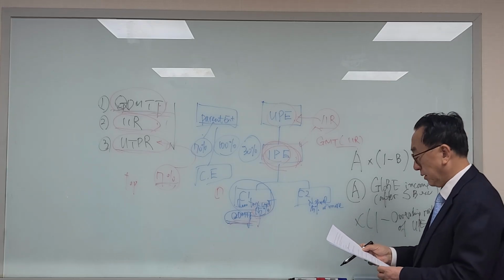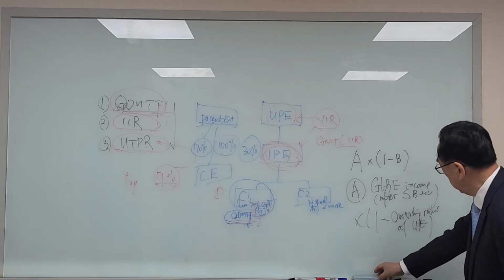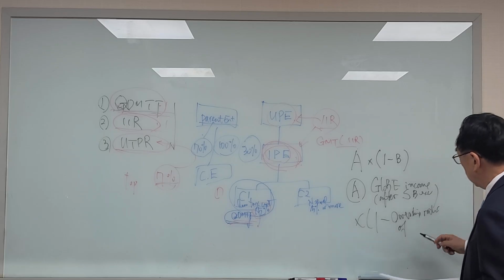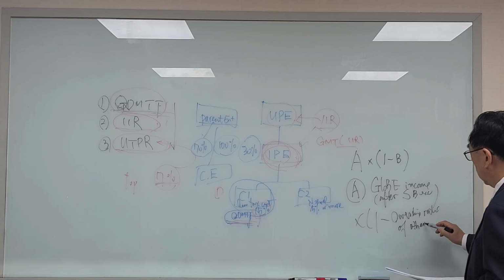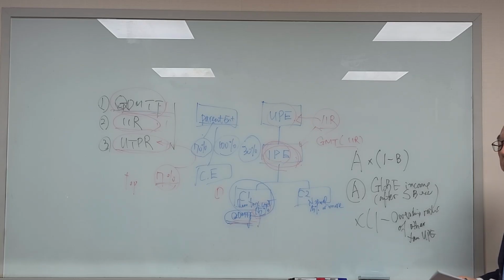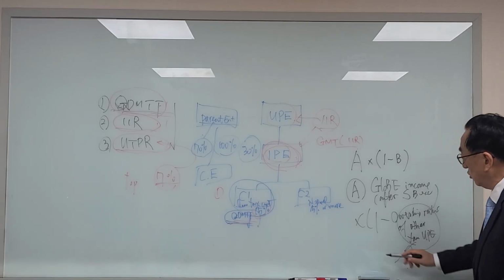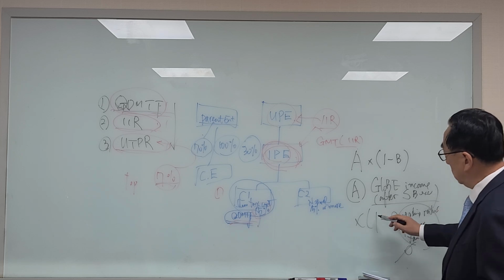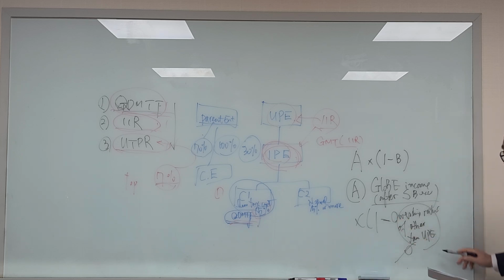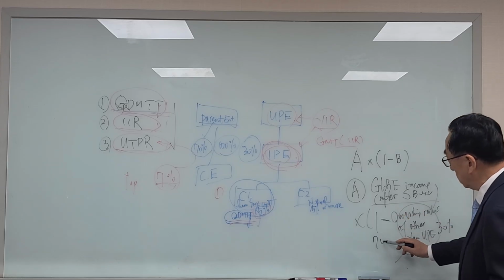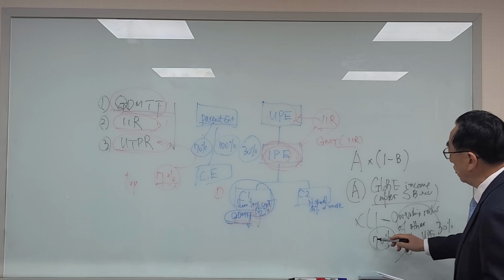I'm sorry, B is the ownership ratio owned by parties other than UP. So if UP has 100%, then other than UP is 0, so the global income is fully applied. But if the other owner ratio is 30%, then 1 minus 30% is 70%, so the 70% will be borne by UP.